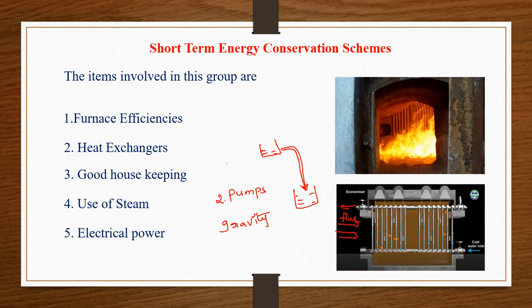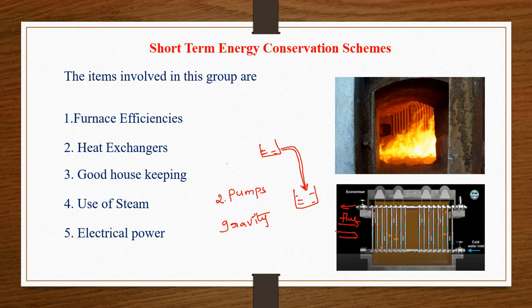Thereby you can reduce some amount of cost. You can save energy here. Pumping cost can be saved by utilizing gravity to pump water from one tank to the other tank. If there is availability, use it. If there is no availability, you have to use the pump. But if there is availability to use gravity, then you have to use it to conserve the energy.